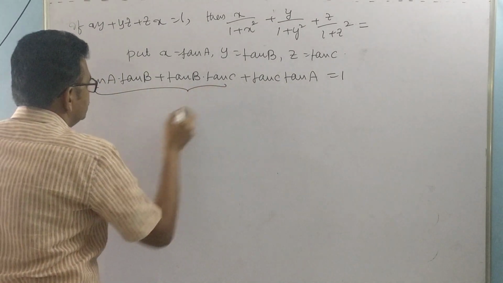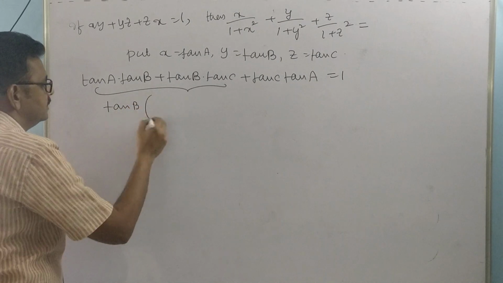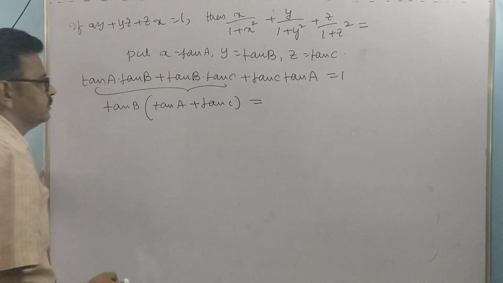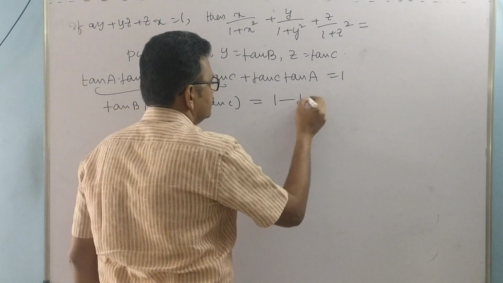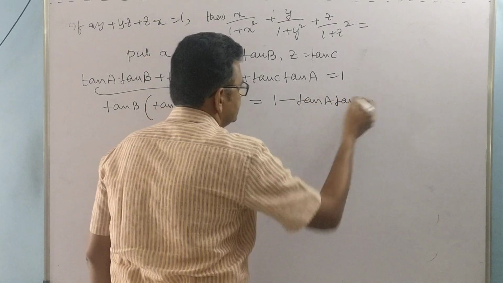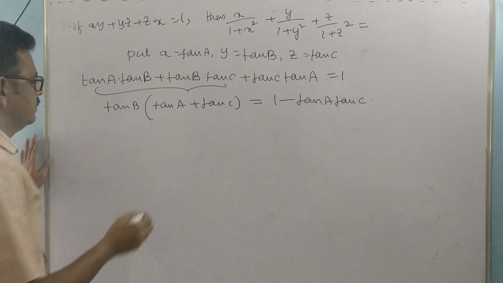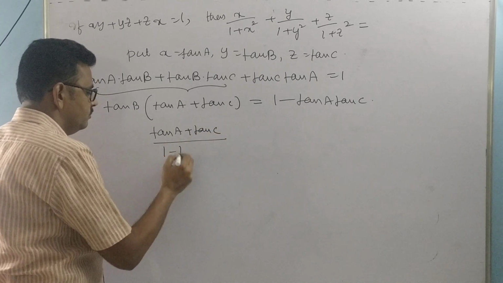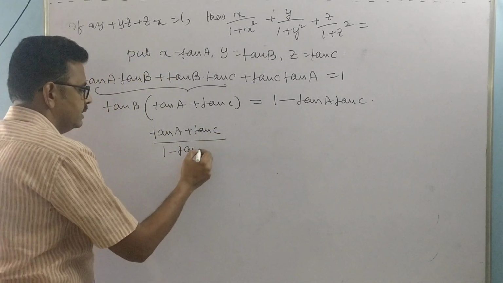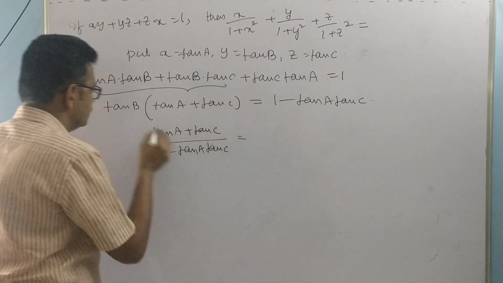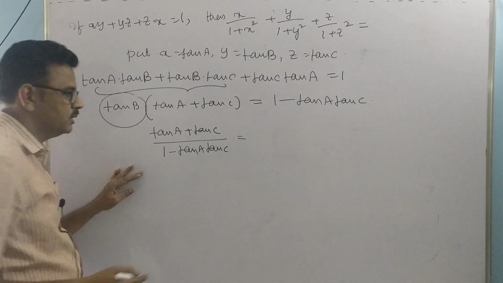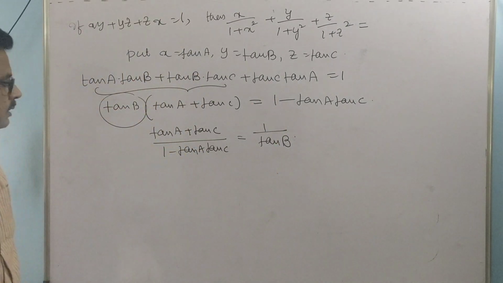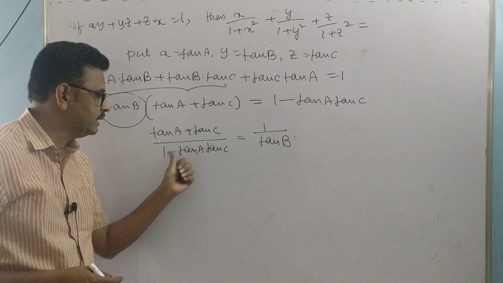These two, if you take tan B common, this is tan B into tan A plus tan C is equal to 1 minus tan A into tan C. Now this is tan A plus tan C by 1 minus tan A tan C is equal to 1 by tan B.